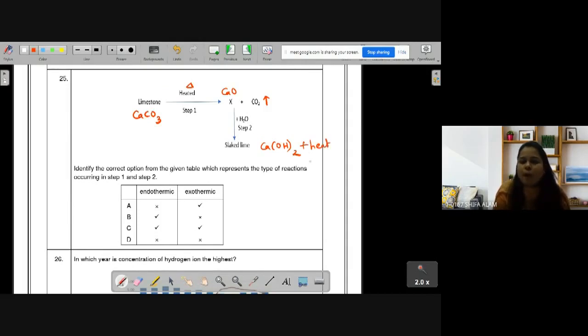So step 2 happens to be an exothermic reaction, and because we are giving heat to calcium carbonate, the system absorbs heat and therefore it is an endothermic process. So the option that carries step 1 as endothermic and step 2 as exothermic would be option C. The first step is endothermic and the second step is exothermic.